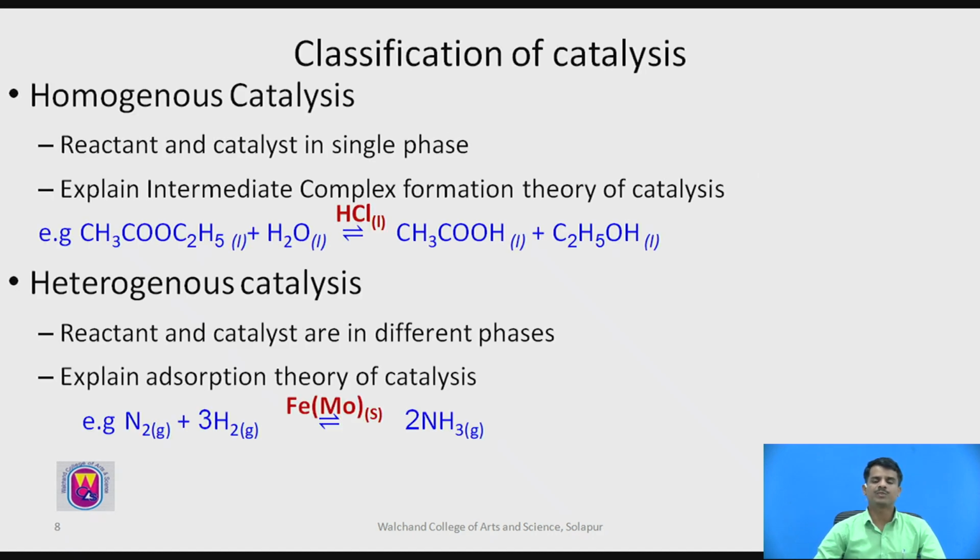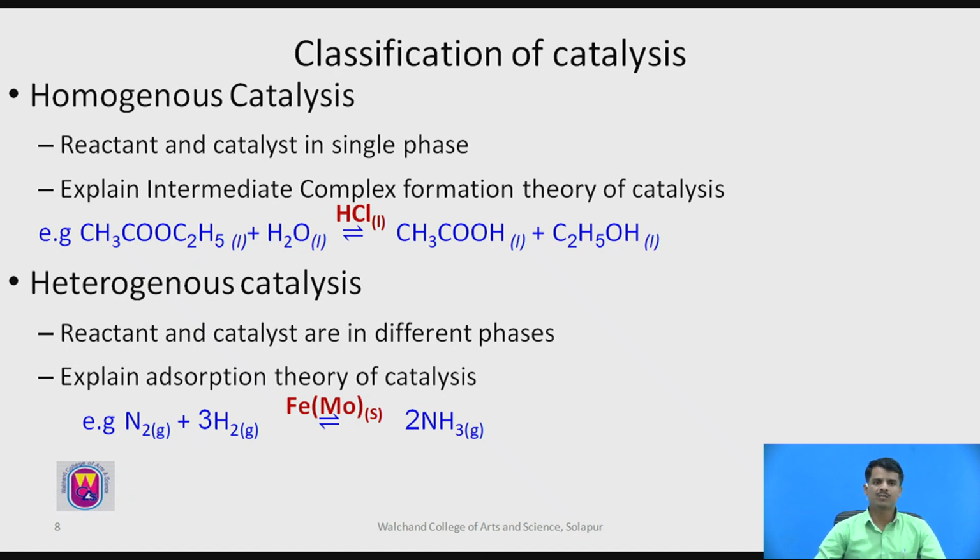Let us see the classification of catalysis. The first one, homogeneous catalysis. In homogeneous catalysis, the reactants used, catalysts used, and also the products formed are all in the same phase. This is called homogeneous catalysis. It explains the intermediate complex formation theory of catalysis.